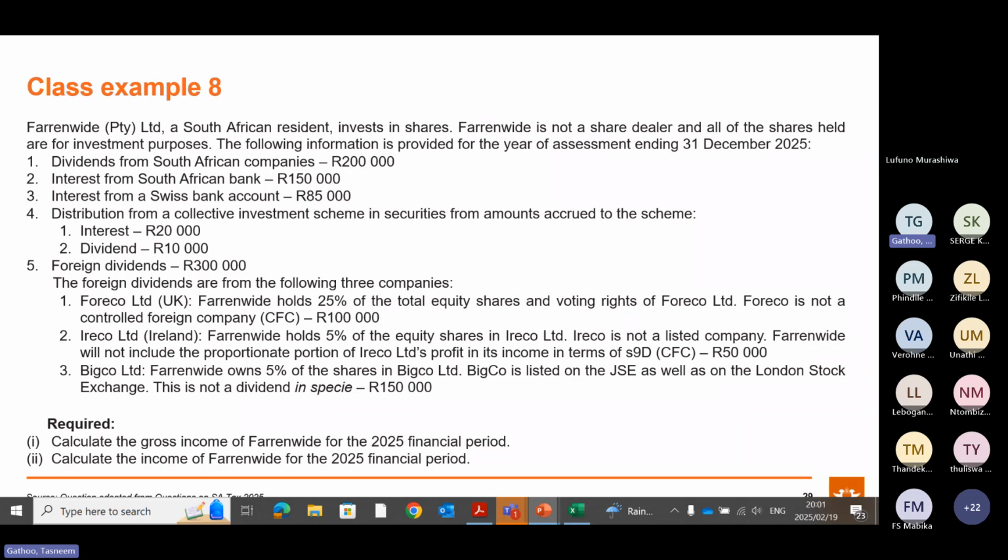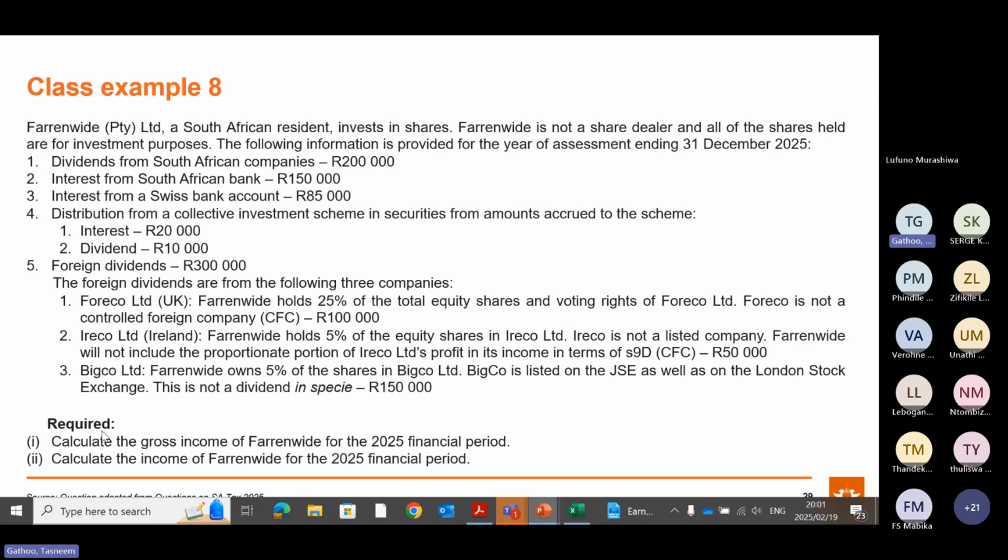Then we have interest from a local bank account and interest from a foreign bank account as well. And remember, it's important here, Section 10(1)(i) is not applicable here because this is local interest paid to a company, not a natural person.